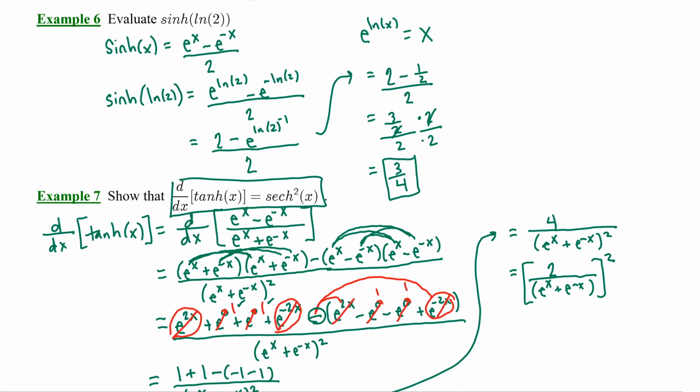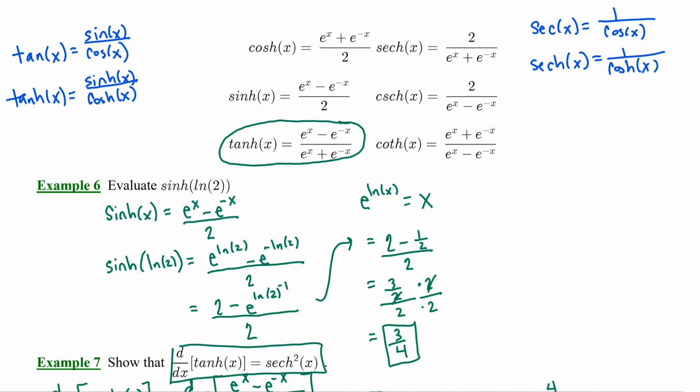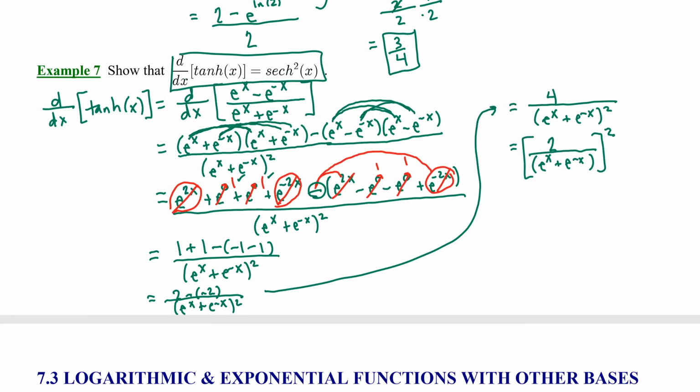Then if we look at the definition of hyperbolic secant, we have a 2 on the top, e to the x plus e to the negative x on the bottom, which matches what we have right here. So this is equivalent to hyperbolic secant squared. Don't forget your h in expressing those hyperbolic trigonometric functions.